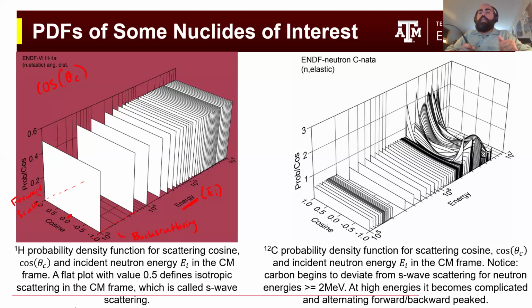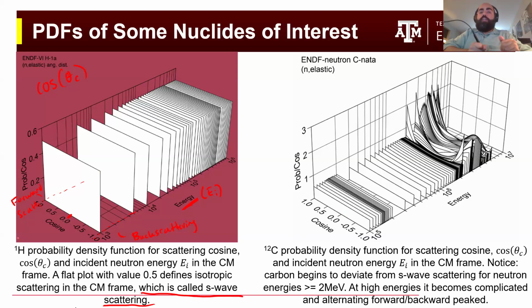So that's why we say that hydrogen is a perfect S wave scatterer. If you hear somebody referring to a scatterer being S wave, this is the kind of plot they're talking about. They're saying that for any neutron energy E_I, the resulting scattering distribution has an equal probability that the neutron comes out at a given angle.